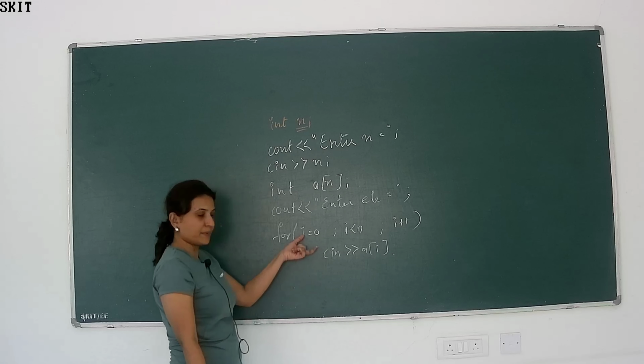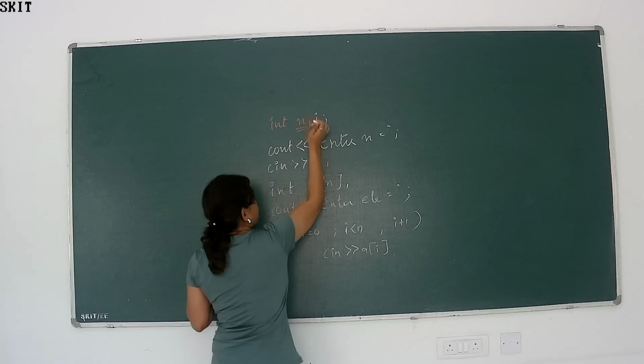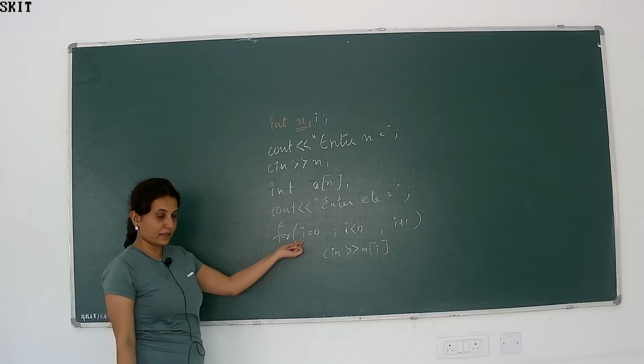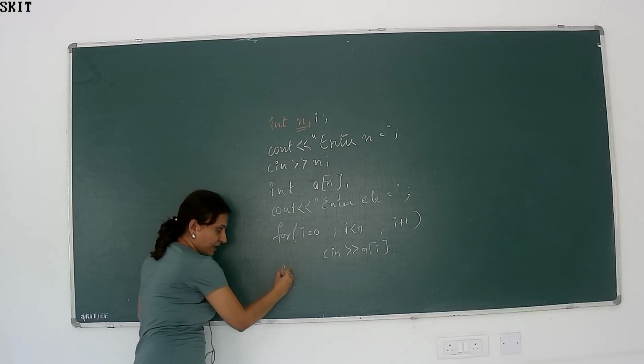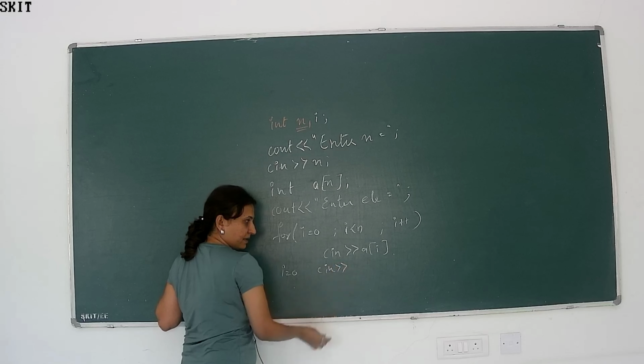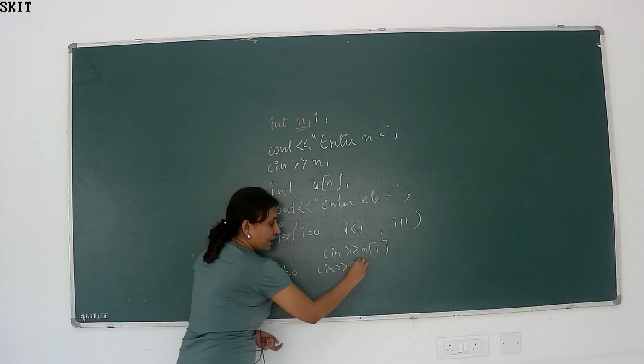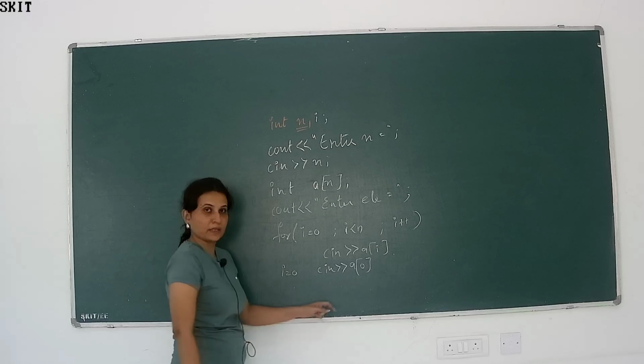You can take int i here as well, or write it in the loop. Basically, i will be equal to 0, so you are asking the user to give the entry for that particular index, that is a of i. a of i is a of 0.